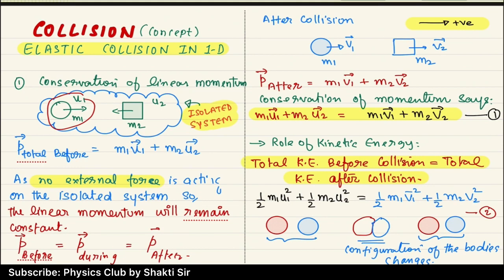But once the bodies rebound, because these are elastic collisions, definitely the bodies will rebound after the collision. After rebounding, what will happen? They will acquire their initial shape. The body will acquire its initial shape.